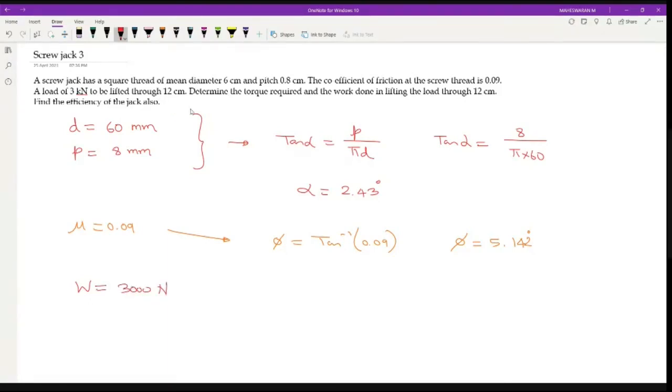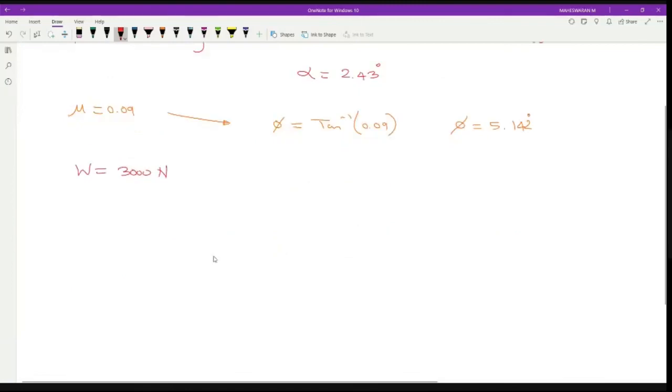So they are lifting it, and they are asking what is the torque required and the work done. What is the formula for torque?